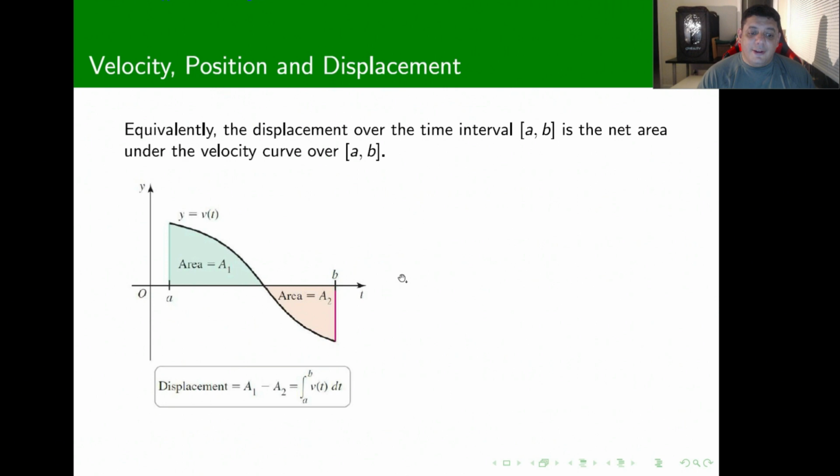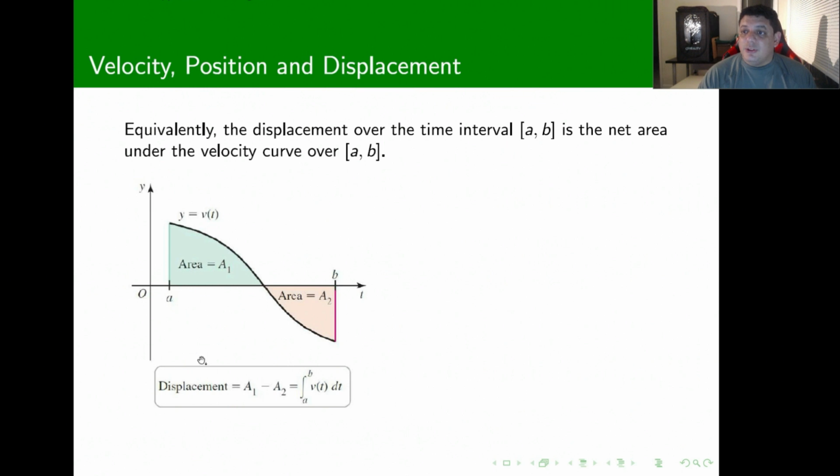If you have a function v of t that has positive and negative areas, the integral is just the net area, and that measures the displacement as well. In this scenario, where we have a positive area A1 and a negative area A2, the displacement is A1 minus A2, the total net area, or the integral from a to b of v of t.